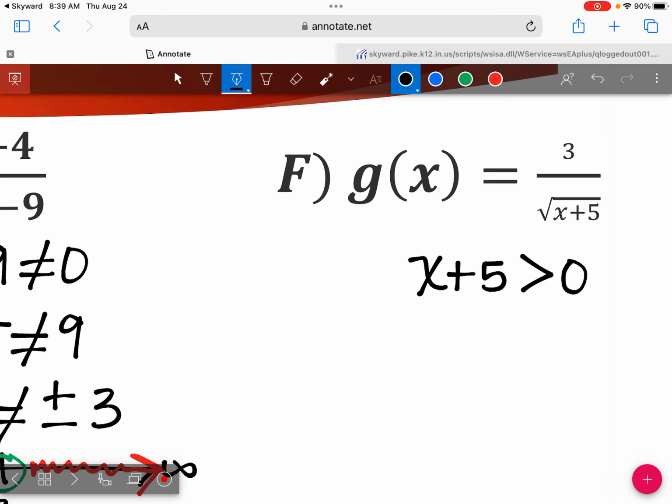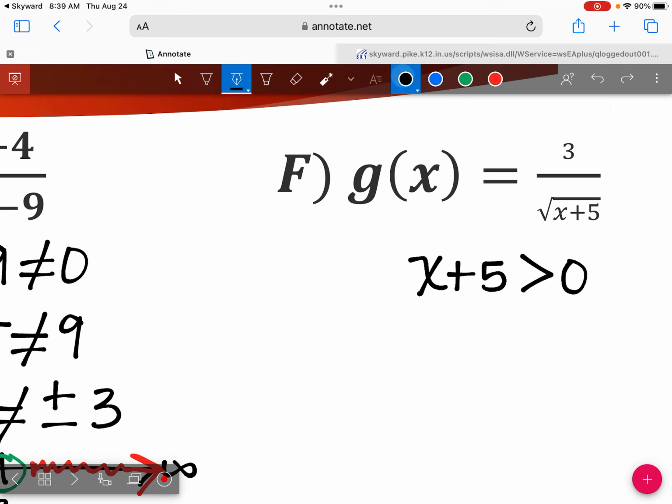Now, if it were the other way around, if that was in the numerator, then we would put this equal and we would include a bracket. But because it's in our denominator, it cannot equal 0. It has to only be greater than 0. So we have 2 restrictions. It can't equal 0 and it has to be greater than 0.